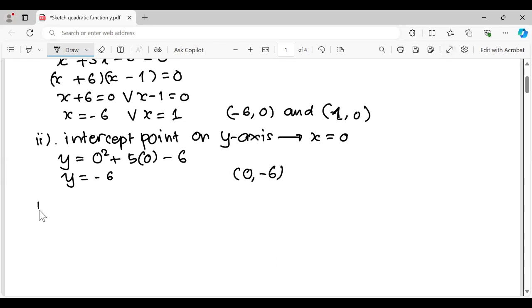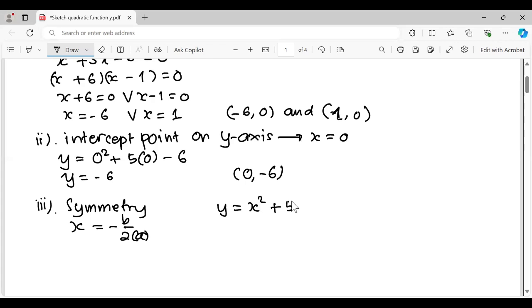The third step is find the symmetry. X equals minus b over 2a. Okay. 2 multiply a. So the function is y equals x squared plus 5x minus 6.